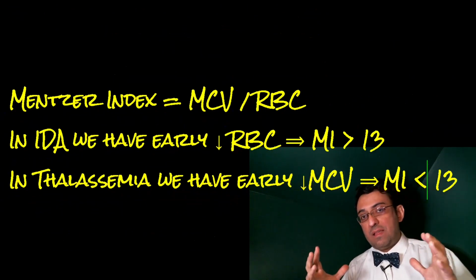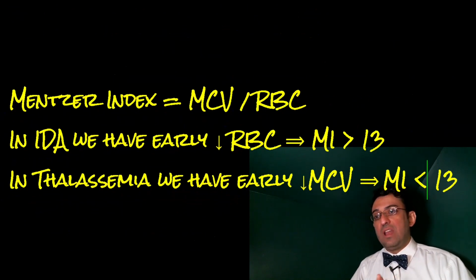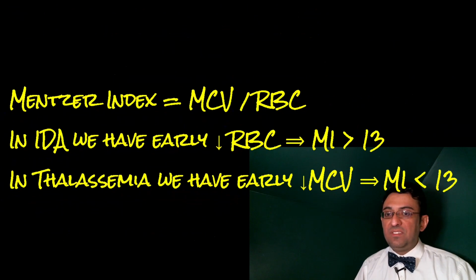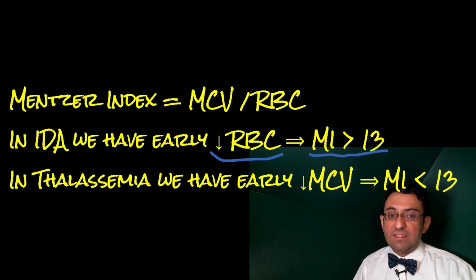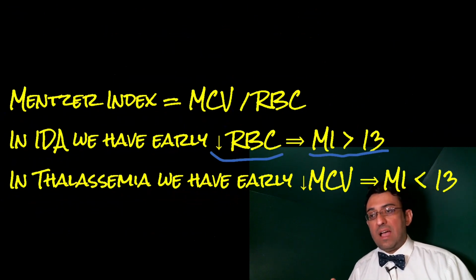Always remember that MCV change is the last laboratory change in iron deficiency anemia. Because RBC reduction is out of proportion to MCV reduction in iron deficiency anemia, the Mentzer Index is greater than 13, okay? However, in thalassemia, we have the opposite.